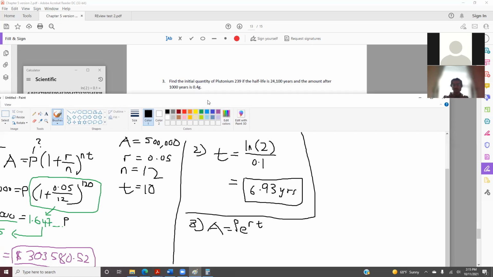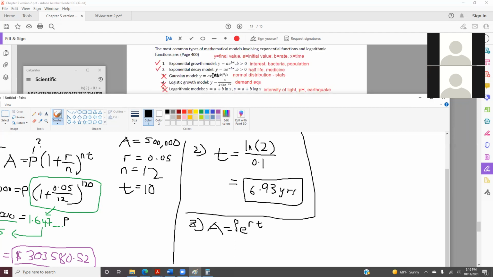If a question is asking for initial amount, which one of these is your initial amount? Your A, your P, your R, or your T? A is your final amount.